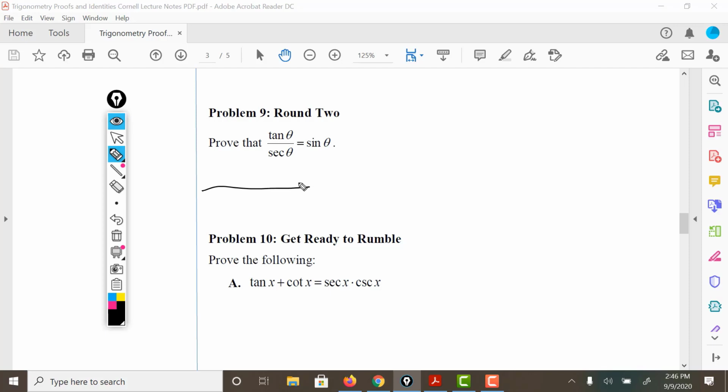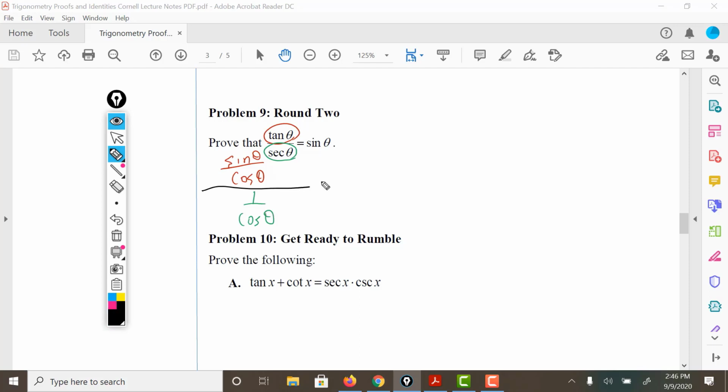So I have this fraction, right? Tangent, let's do a different color here. Tangent is going to be sine over cosine. Secant is 1 over cosine. Now I know what you're thinking, but I'd rather us be safe.